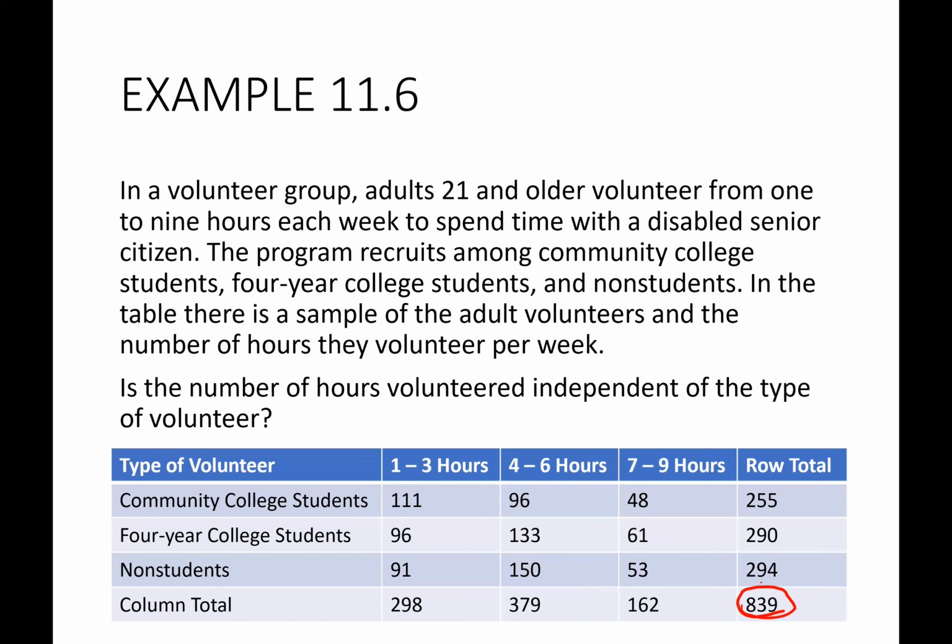And you can see the numbers for each of the categories. For example, of community college students, 111 of the 839, 111 community college students volunteered from 1 to 3 hours. That's what that cell says.